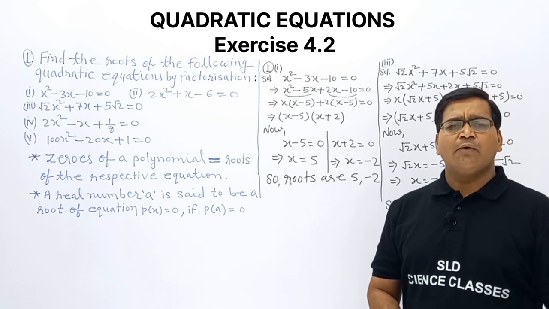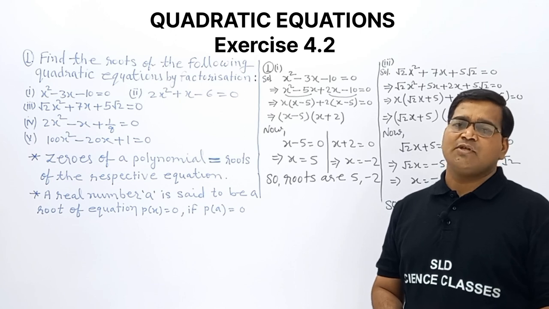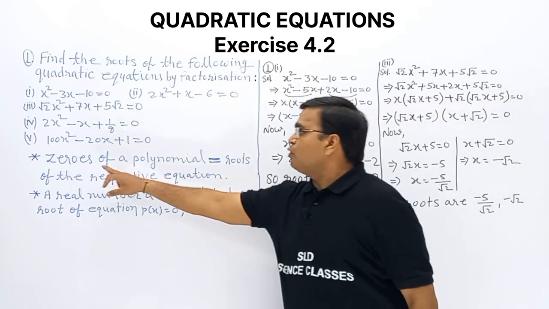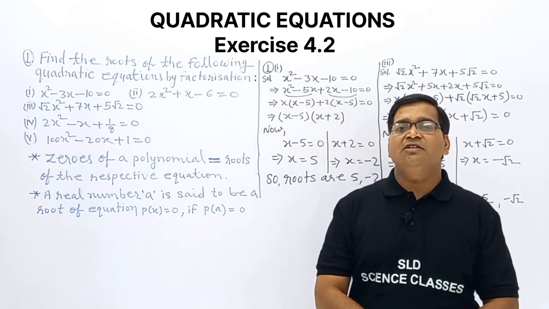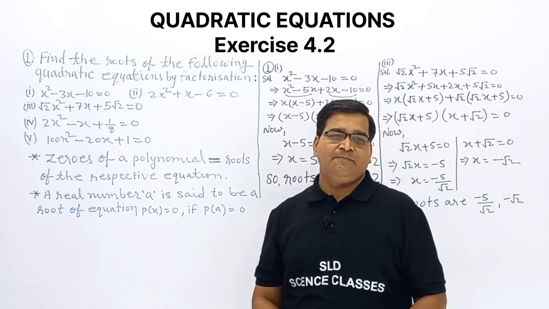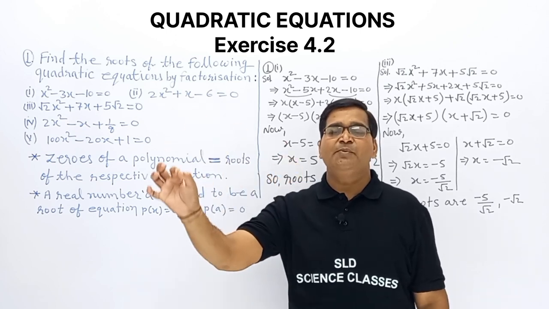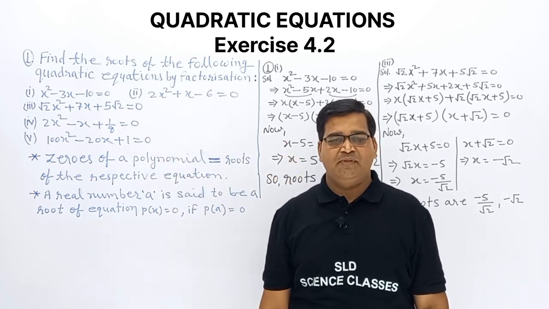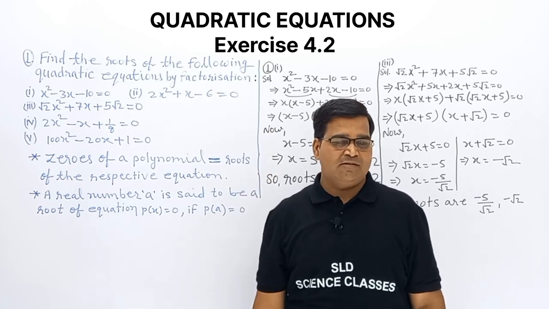First, I want to discuss the roots of a quadratic equation. Observe the zeros of a polynomial. We discussed this in chapter 2, Polynomials. A polynomial is an algebraic expression. And what are the zeros of a polynomial?